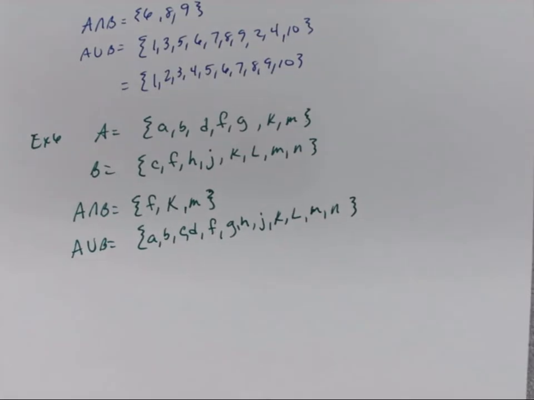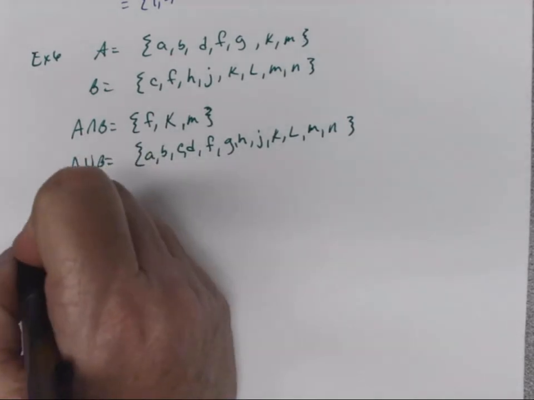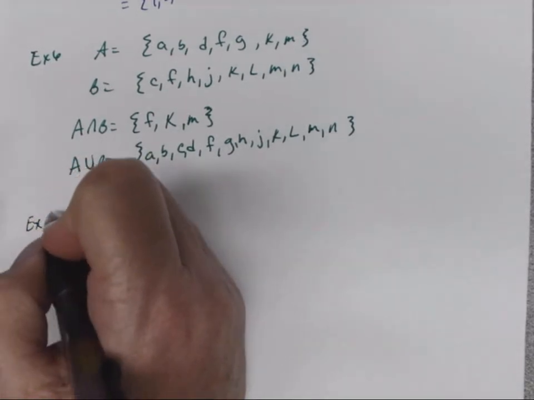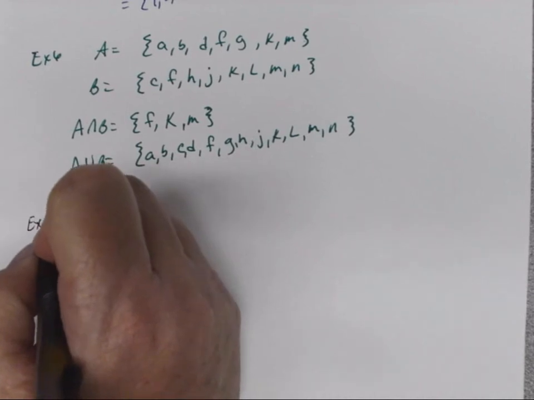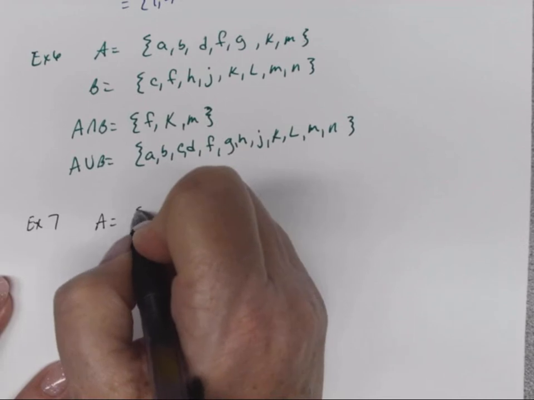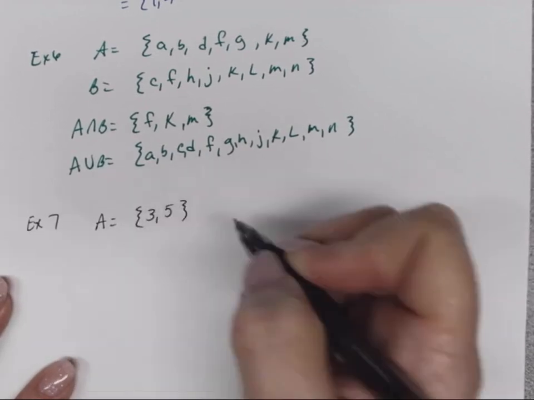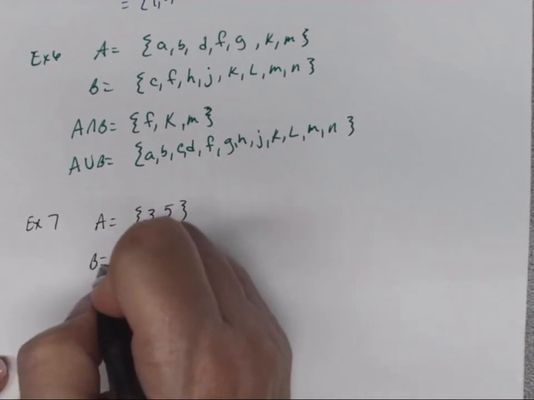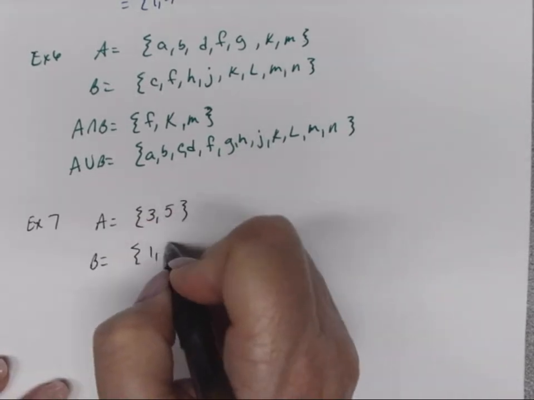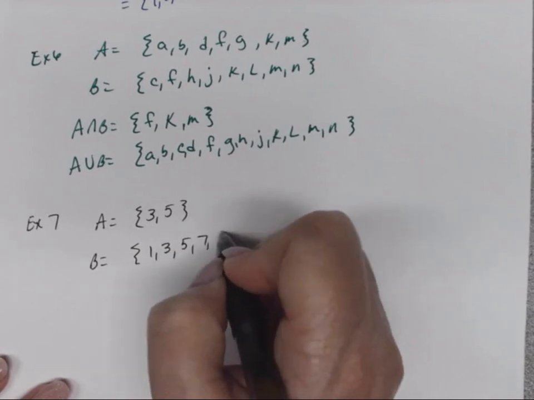All right, so let's look at one more example that's a little bit different. So, example 7. If we're looking at A is equal to 3, 5, and B is equal to 1, 3, 5, 7, and 9.